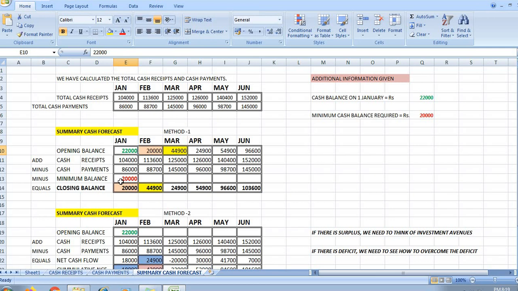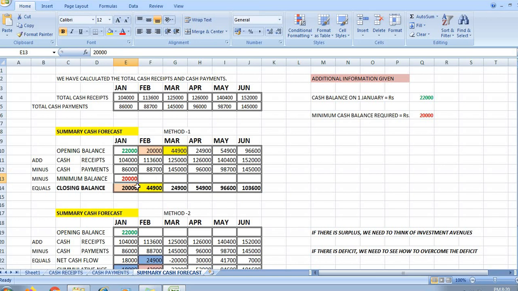Okay, so you have a closing balance out here. Once you have removed this minimum balance, you are not required to show it separately again. So this 20,000 now will stay forever.